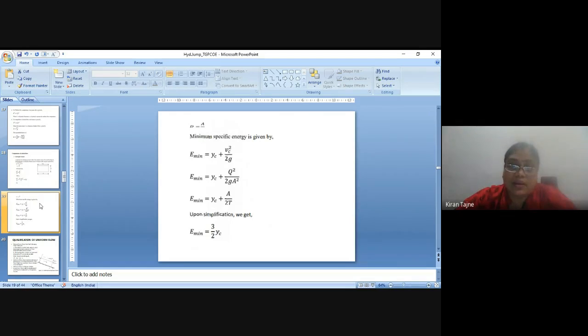Earlier we saw Yc is equal to 2/3 of E minimum. That formula is also correct. From it you get Yc, and from this formula you get E minimum from the depth of flow.